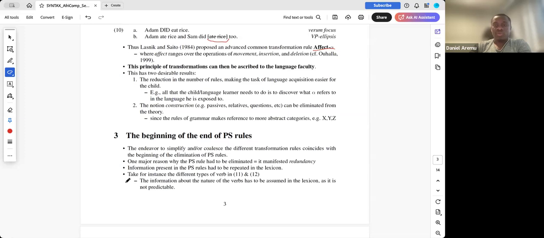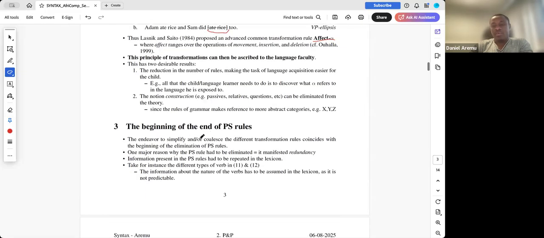Now, with all this, remember what we did so far was just to set the stage, right? So the starting point, some of the motivations, collapsing different rules and making it quite simple, right? And then that actually led to the beginning of the elimination of PS rules.